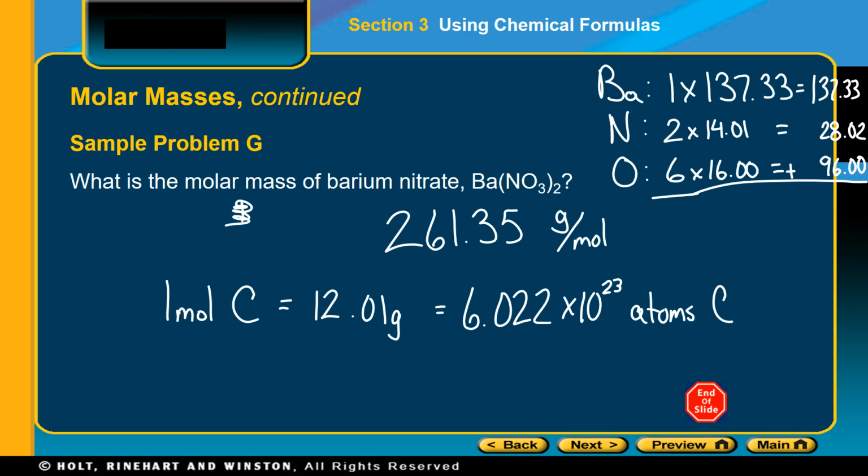We can go from moles to mass, and we can go from moles to atoms, but we can't go from mass to atoms. So we always have to go back to moles first.